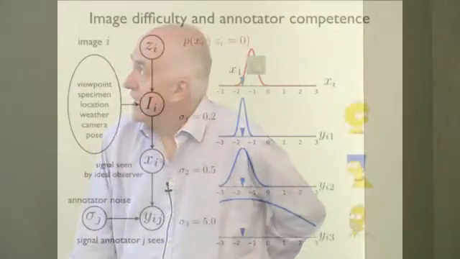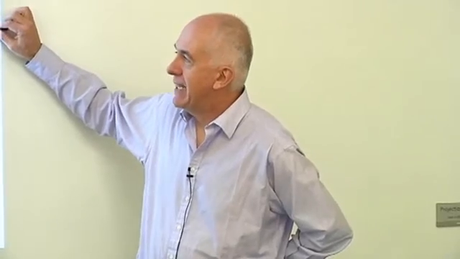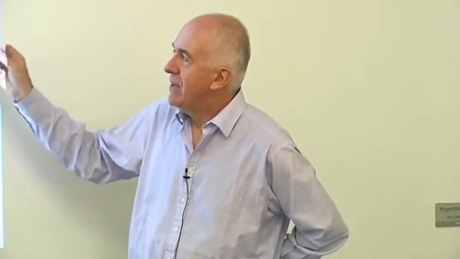Okay, so now we have what is in the head of a real annotator. Given that the ideal one would have xi in their head, a real annotator has a certain spread of outcomes for that specific image. And depending on how good the annotator is, the spread will be smaller or bigger.